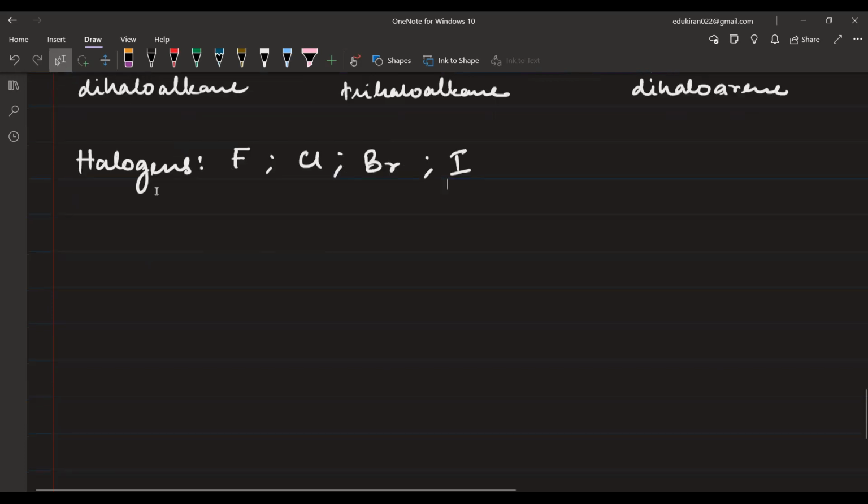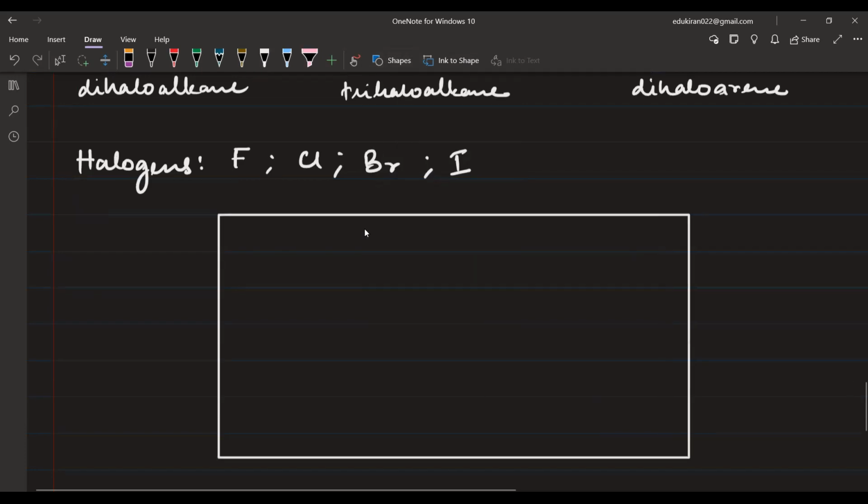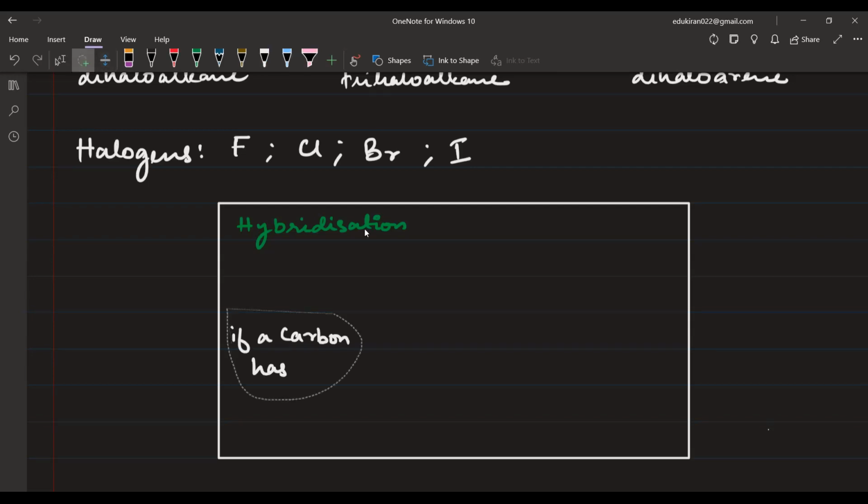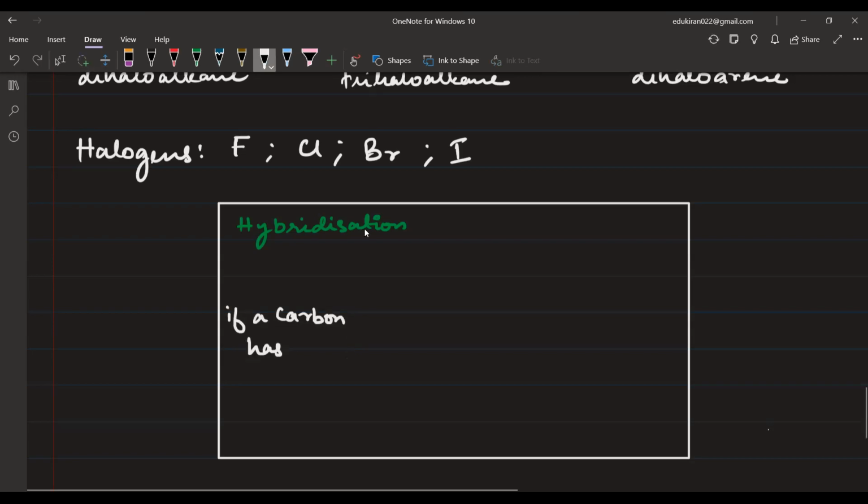Also, one more thing. Write a note here that will help you guys to understand and remember about the hybridization. Hybridization is very important. Just a small note about hybridization. Number one point is, if a carbon has one double bond, then it will be sp2.